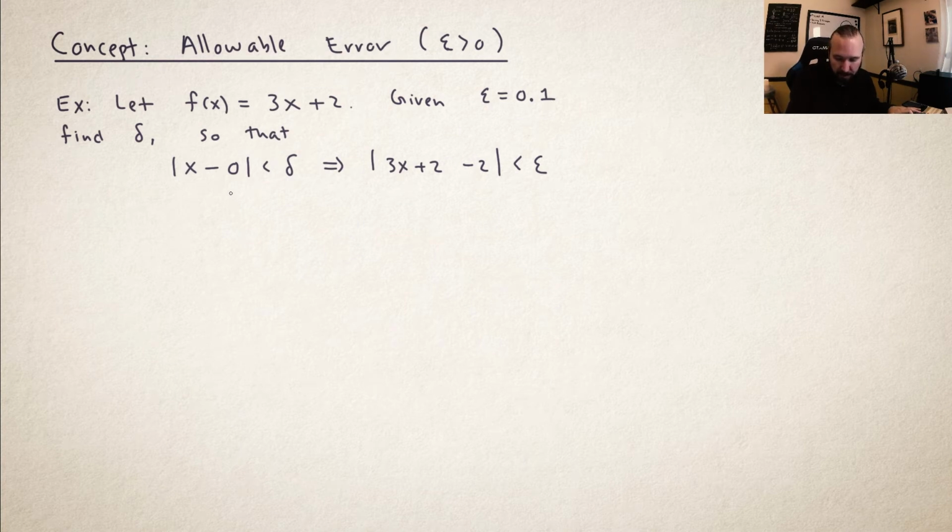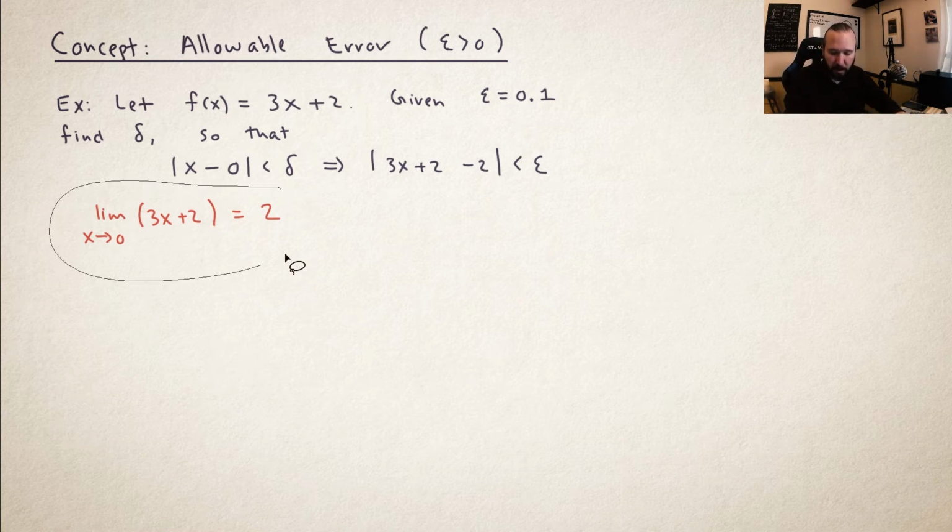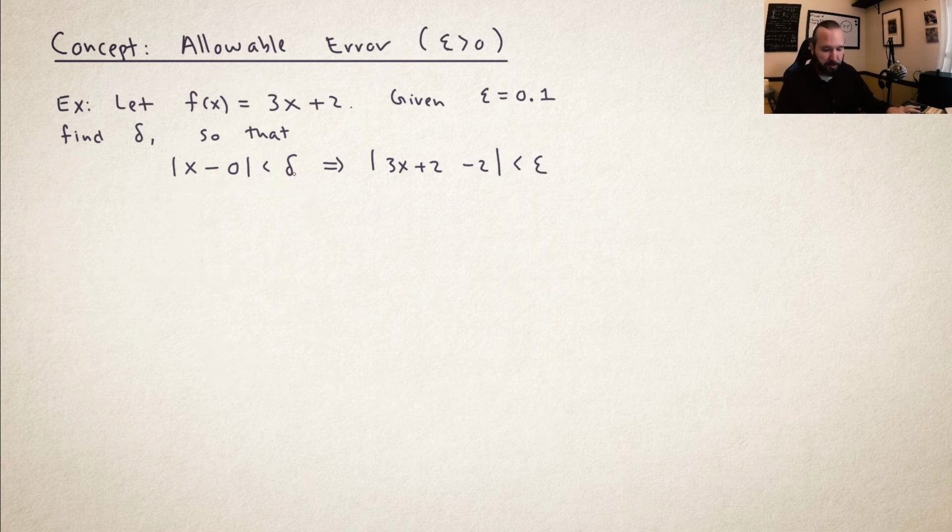And just to be clear, in this problem, 0 is the x naught and 2 is the L. So basically, this is a step on the way to learning how to prove that the limit as x approaches 0 of 3x plus 2 is equal to 2. So let's just do this calculation. Given an epsilon, what is the delta?